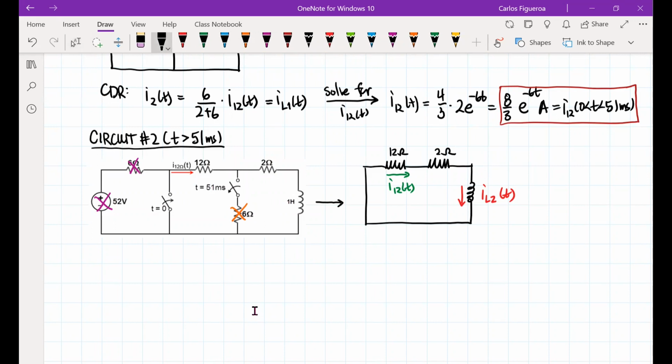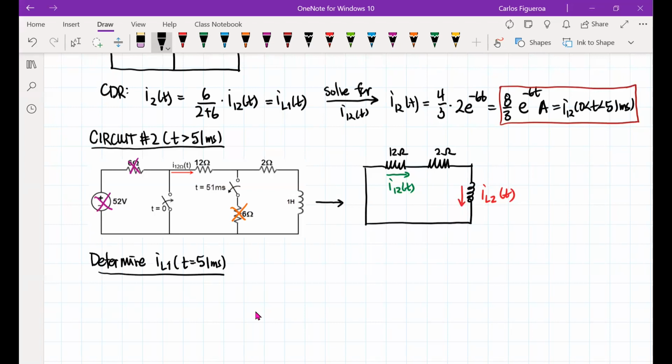So the first thing that I got to do here is determine the initial condition for this circuit. So I need to determine IL1 at t equals 51 milliseconds. That's my initial condition. So if I look at this, what am I seeing here?